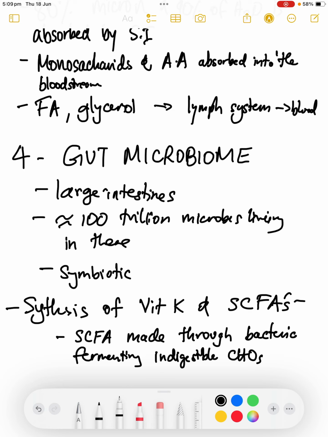Okay, they're the main energy source for the cells lining the large intestines, and they protect against gut inflammation too. And they actually reduce the risk of inflammatory bowel disease and colorectal cancer as well, and even cognitive decline. But they really do reduce the risk of inflammatory bowel disease and colorectal cancer too.